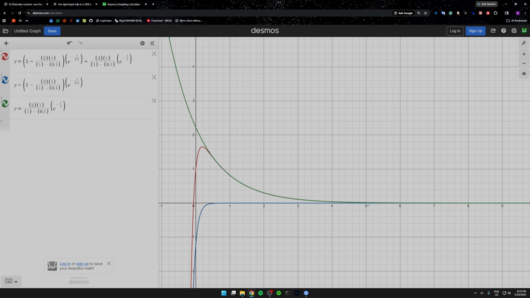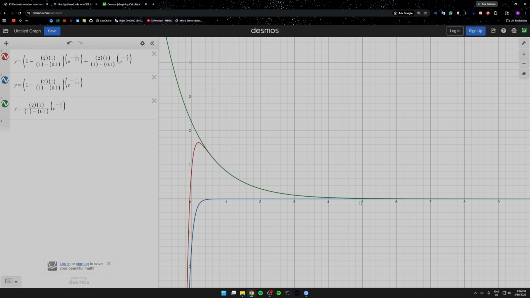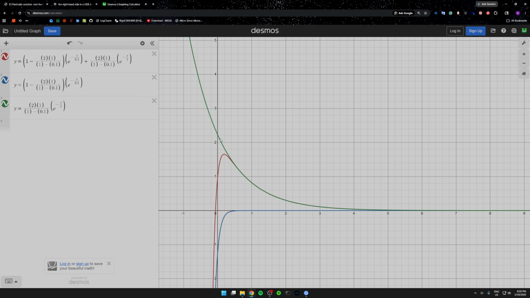As you can see, I think we can no longer see it around 5 or 6, and the reason why this lasts longer is because of the power. The particular solution has t times 1, and the homogeneous one has t divided by 0.1. So the time constant (PTC) of the homogeneous solution is much smaller than that of the particular solution. So the particular solution decays slower, but the homogeneous one decays faster.